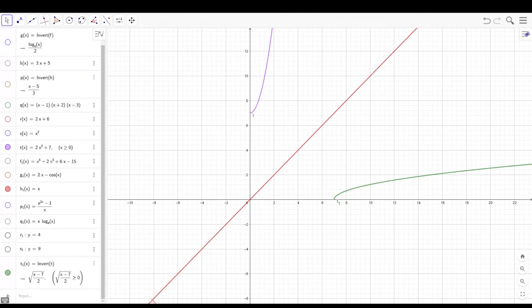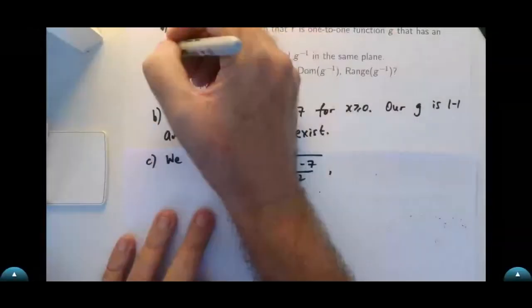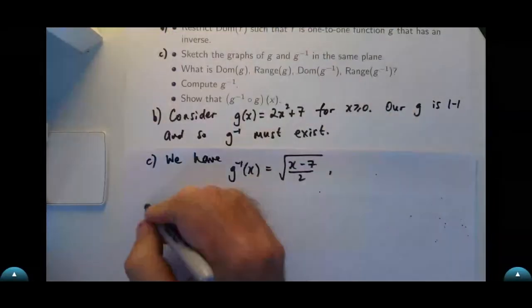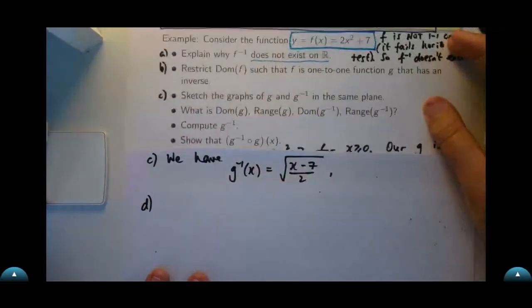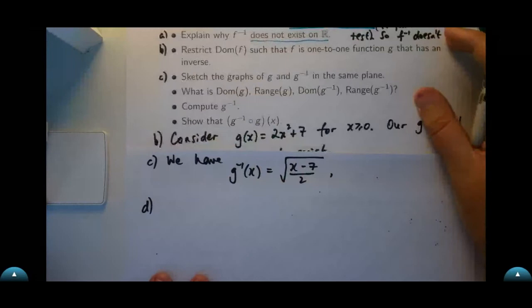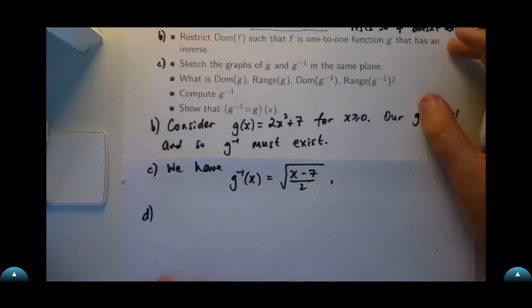Great. I've drawn that on GeoGebra, and this is the inverse. We just need to now pay a little bit of attention to the domain and the range of each of our functions and the inverse, okay?